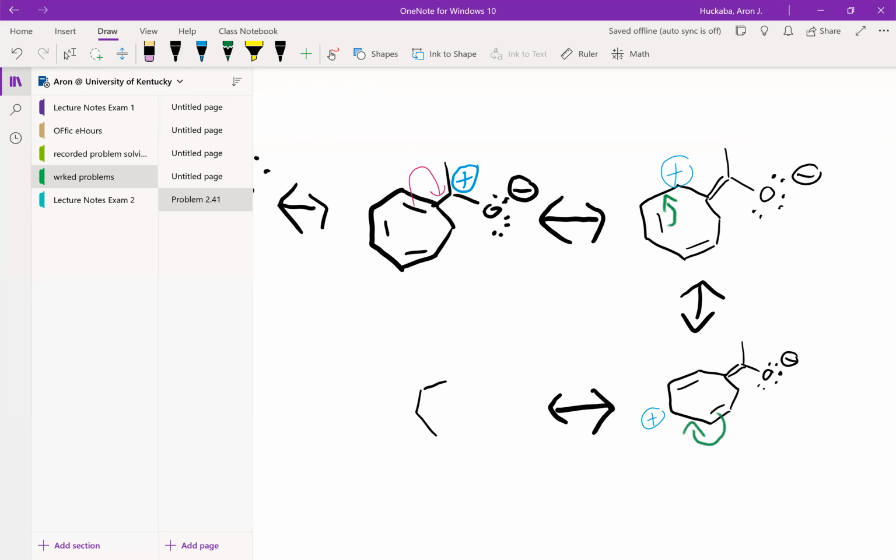Oh, that's a bad structure. There we are. That's at least a little better.